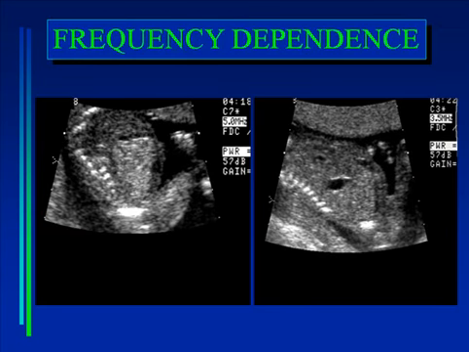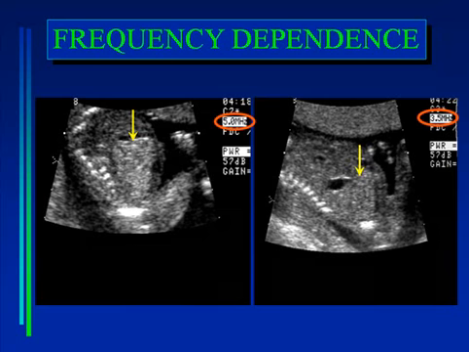Here is an example of increased echogenicity of the bowel that is dependent on transducer frequency. At a frequency of 5 megahertz, you can see the bowel is quite echogenic appearing. Decrease the imaging frequency to 3.5 megahertz, and the bowel looks perfectly normal. This is important if you're doing endovaginal ultrasound, because you're using a relatively high frequency imaging to do endovaginal ultrasound.